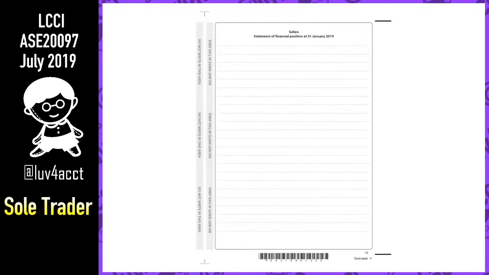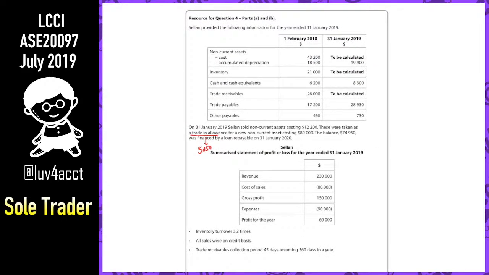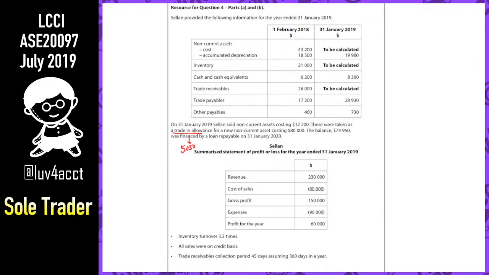So let us see. Inventory turnover is 3.2 times. Inventory turnover is equal to cost of sales, which would be 80,000, divided by the average inventory.